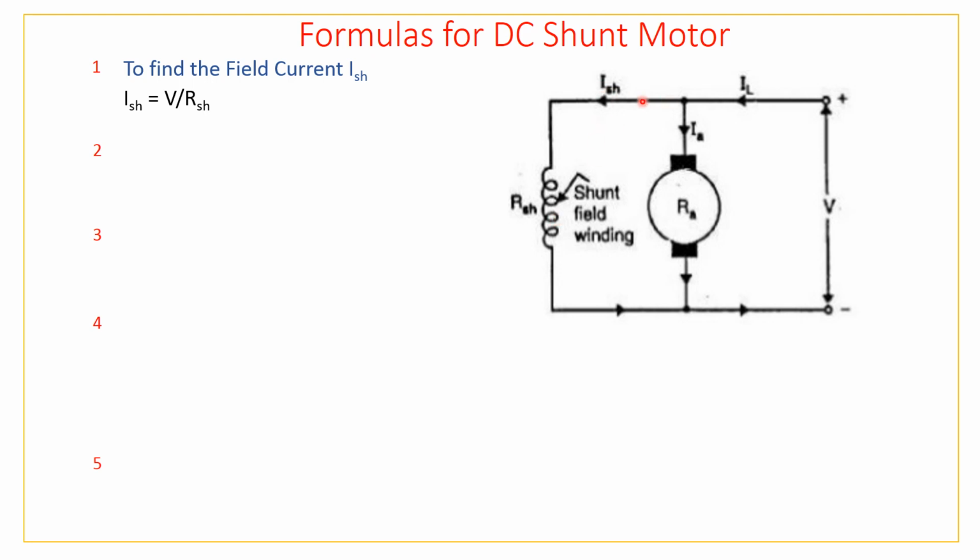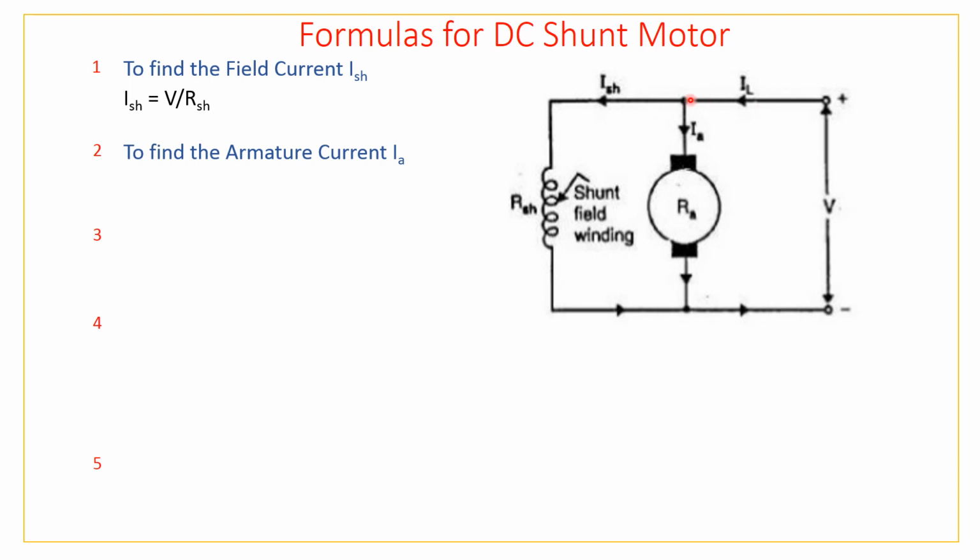Generally in the question IL, the load current drawn by the motor, will be given. Once you find ISH, the shunt field current, you can find the armature current easily. The next step is to find the armature current IA. Apply KCL at this point. IL is entering, IA is leaving, ISH is leaving.